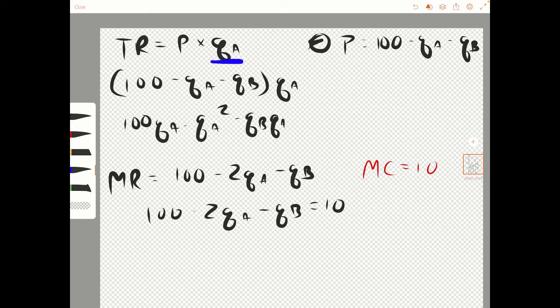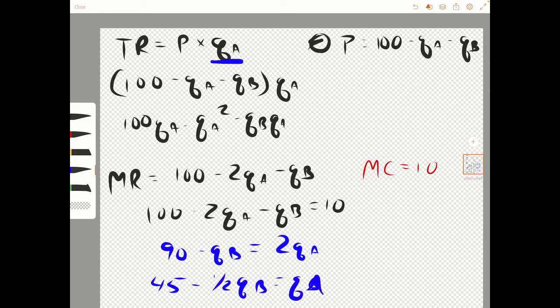To do that, what we're going to do is bring the 10 over. We'll have 90 minus QB, and set that equal to 2QA, then divide each side through by 2, which gives us 45 minus 1/2 QB equal to QA.